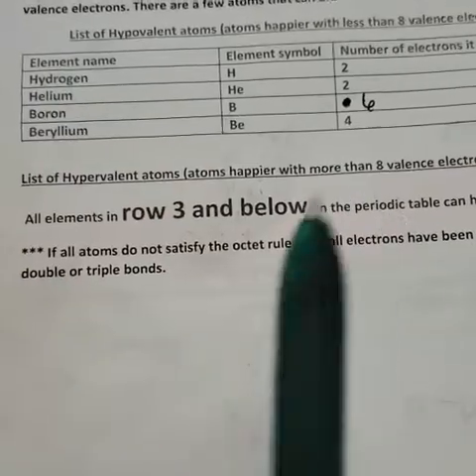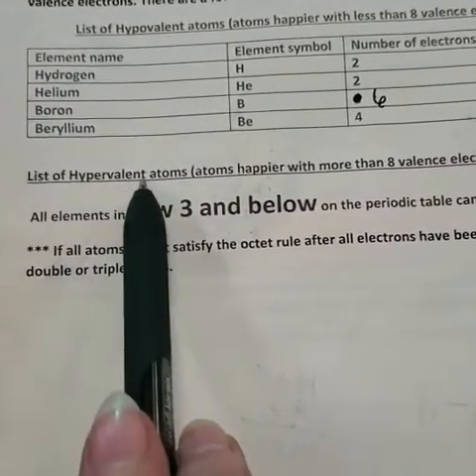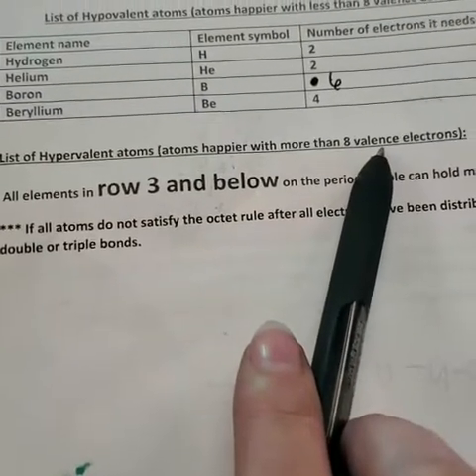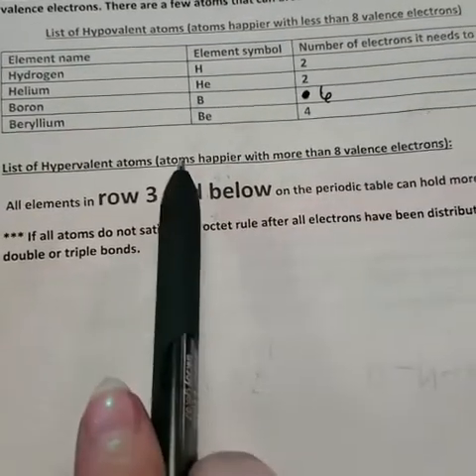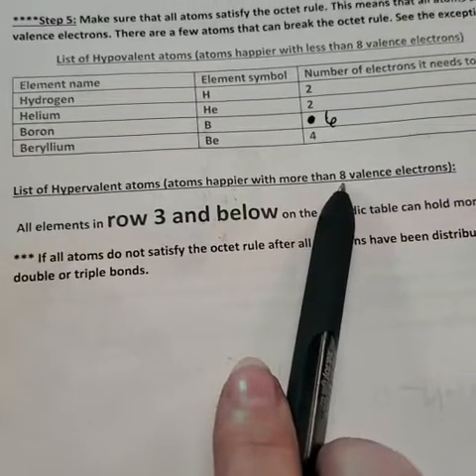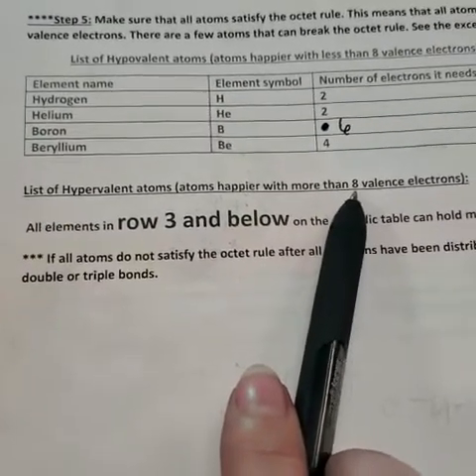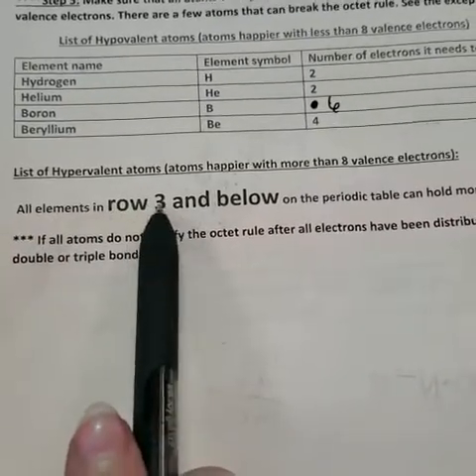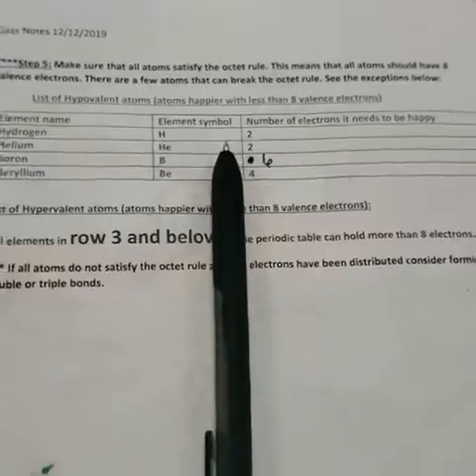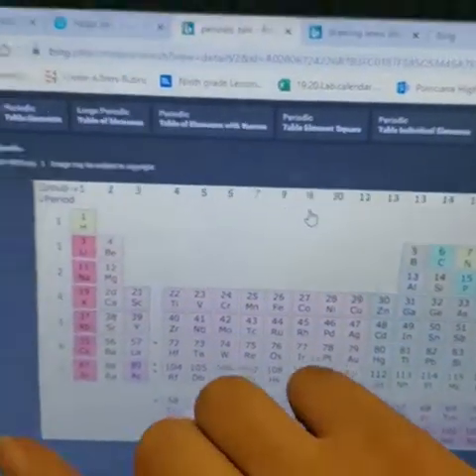We also have a list of what we call hypervalent atoms. These are atoms that are happier with more than 8 valence electrons. So they must have at least 8, but they could possibly have more depending on the compound. So all elements in row 3 and below on the periodic table can hold more than 8 electrons. So going to a periodic table, these are the rows.